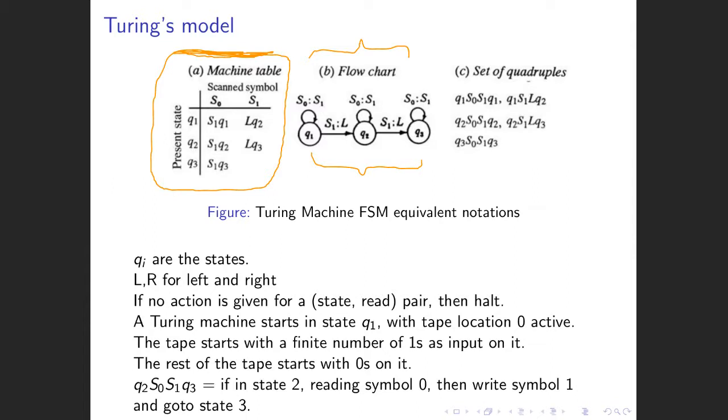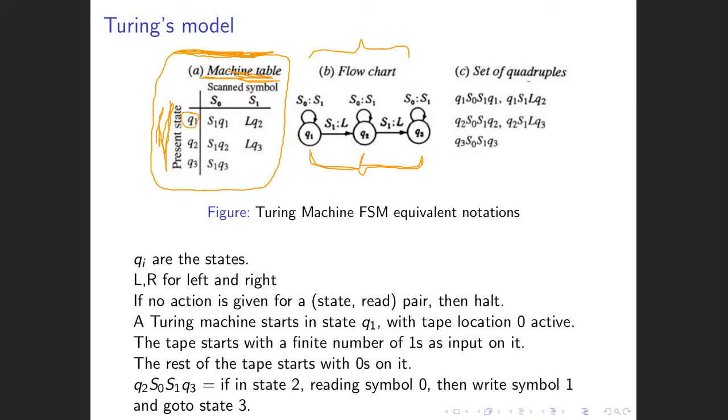Here you've just got a 2D matrix, and this is the present state you're in, Q1, Q2, or Q3, corresponding to the three states here. And this is what symbol you're looking at. This is a nice representation, because when you run it in a simulation, this is what you actually want to look up. You're going to say, I'm currently in state 1.